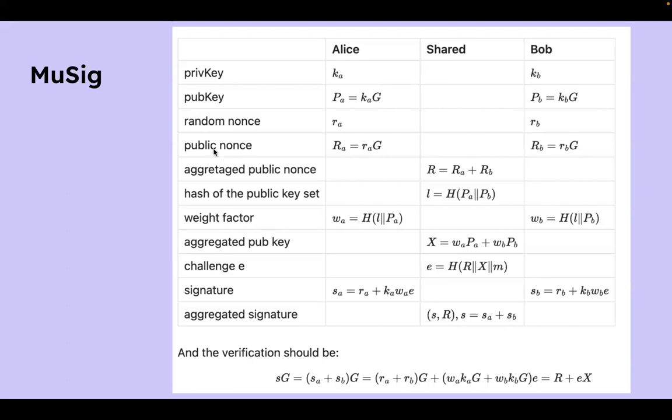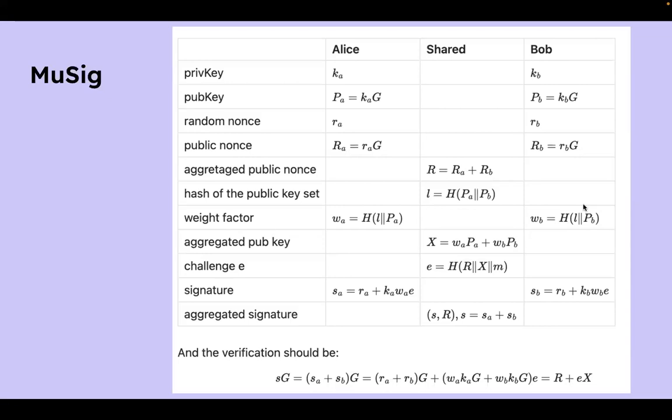Now we start to compute the weight factor. The first is the aggregated public nonce R, which is RA plus RB, and then compute some value using the hash function, and then compute Alice's own weight factor and then Bob's own weight factor. If we just use Alice's public key plus Bob's public key, it allows a key cancellation attack.